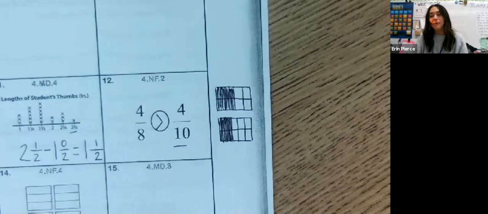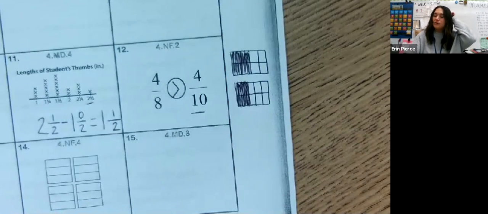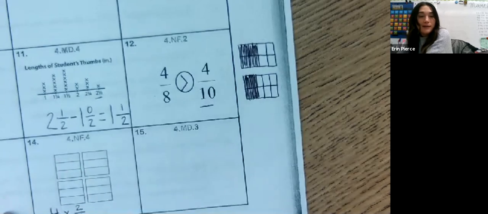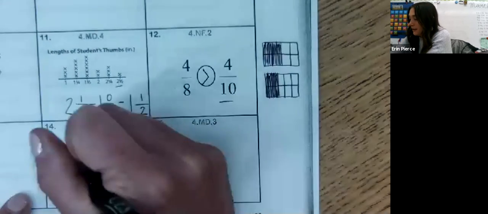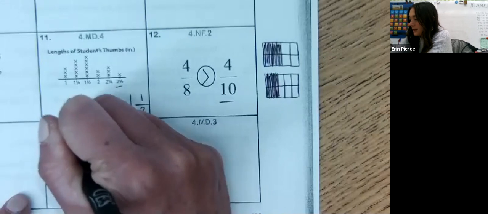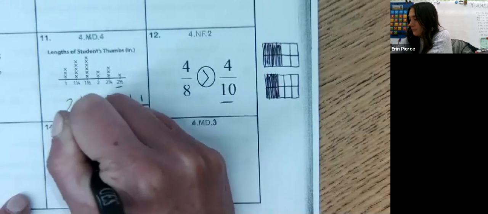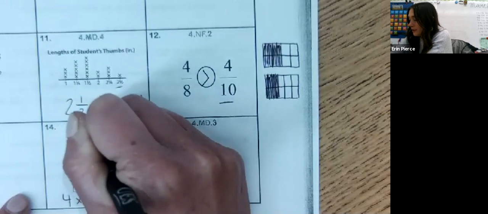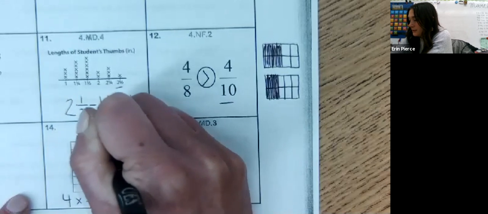My last problem that I'm going to solve, it says use the fraction model to solve 4 times 2/3. So we have 4 times 2/3, meaning I have 4 sets of thirds. On each set of thirds, I'm going to color in 2 of those 3/3.